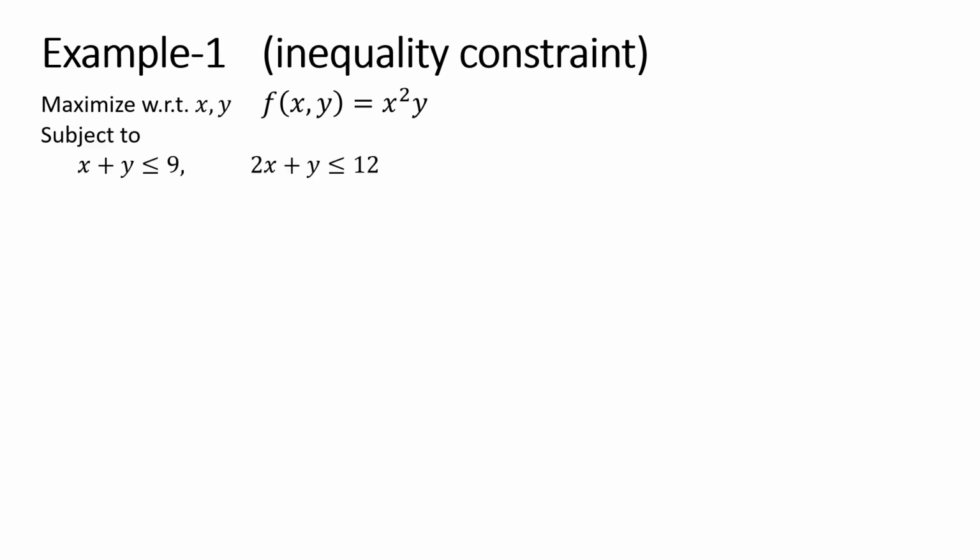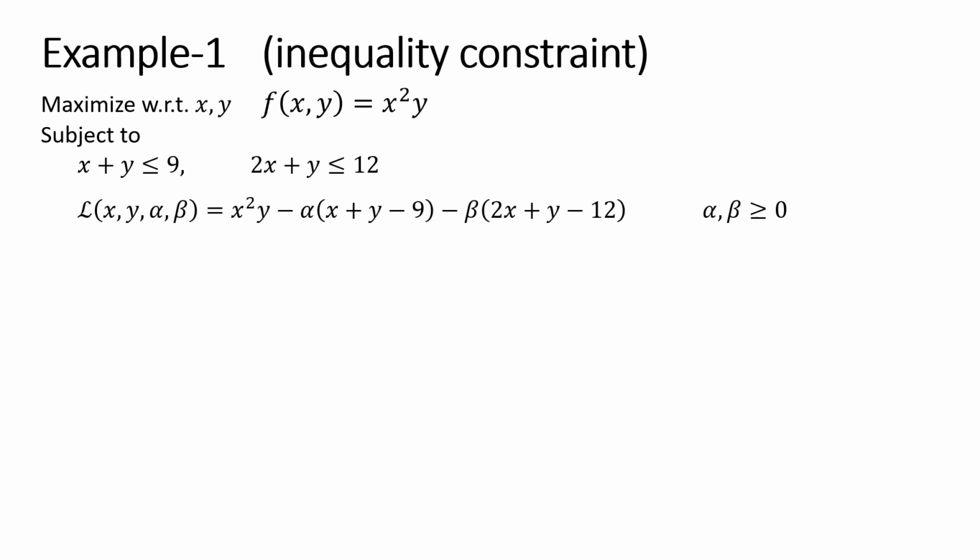Example 1, inequality constraint. The objective is to maximize with respect to x and y, f of xy equals x squared y, subject to the constraints, x plus y is less than or equal to 9 and 2x plus y is less than or equal to 12.